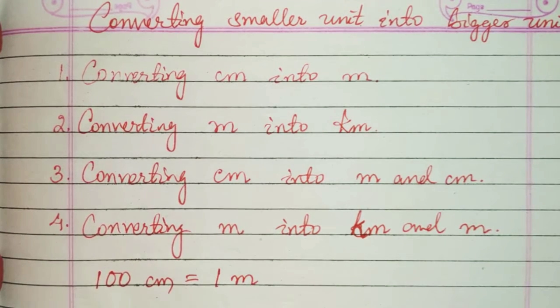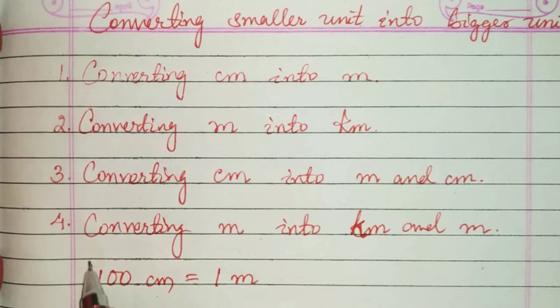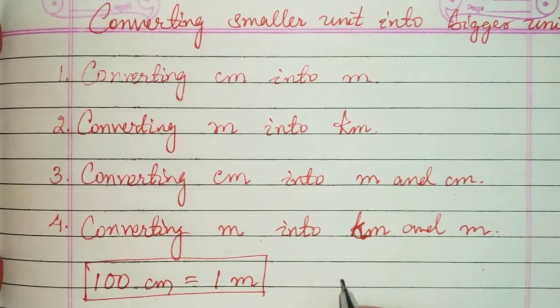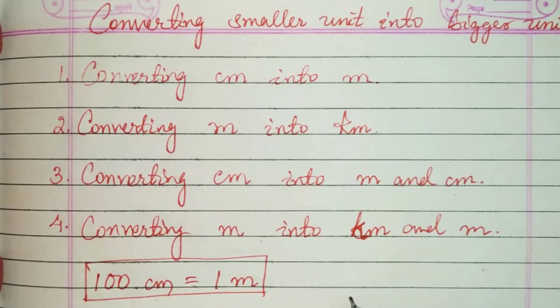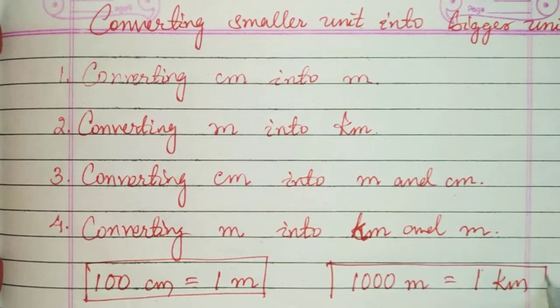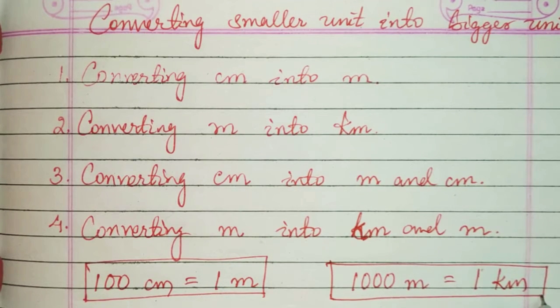Previously we were writing 1 meter is equal to 100 centimeter. Now let's write it in the other way. So what about kilometer and meter? Relation between meter and kilometer? 1000 meter is equal to 1 kilometer. So this is the first thing you should know.